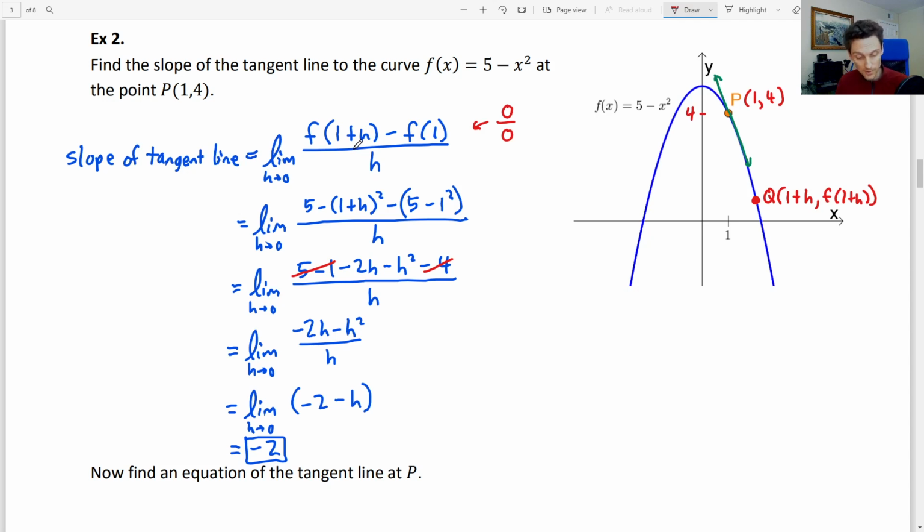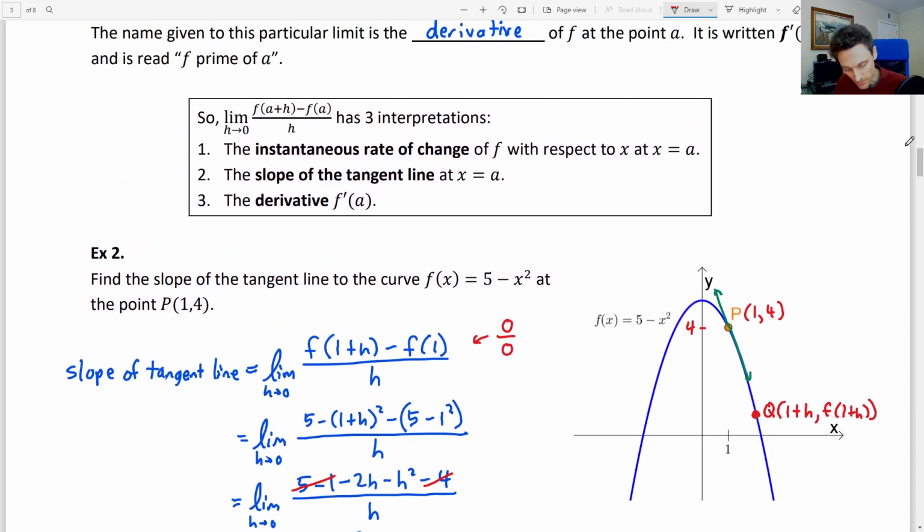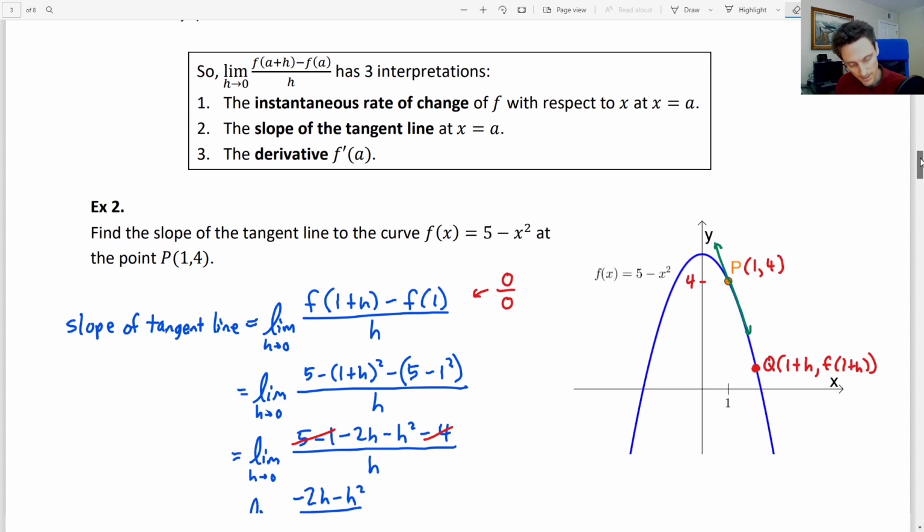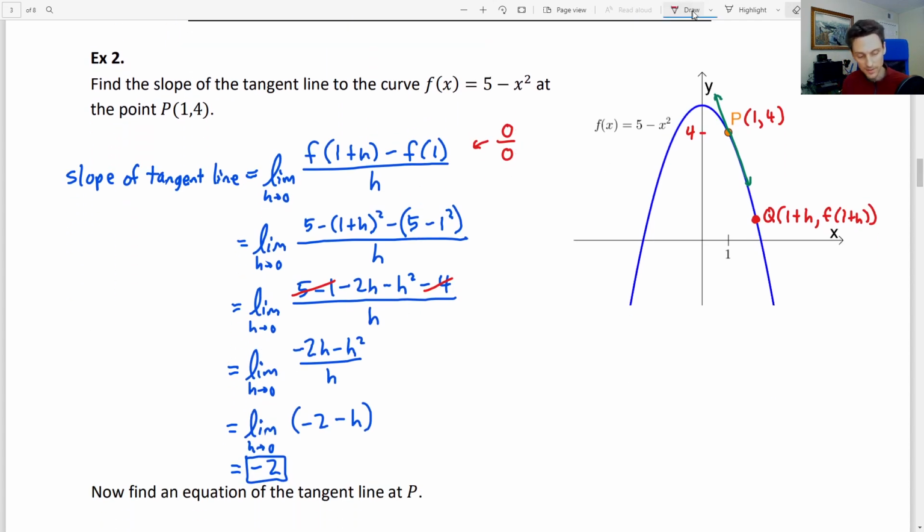It's going to always be 0 over 0 because, let's take the most general form, if you plug in h equals 0, then you get f of a minus f of a, which is 0 on top. And then if you plug in h equals 0 on the bottom, you get 0 on the bottom. So these always turn out to be 0 over 0 type limits. But thankfully, we can handle 0 over 0 type limits. We look for factors that are causing the top and the bottom to be 0. In this case, it was the factor of h. Once we canceled off that factor of h, we were able to plug in the h value that we were approaching.